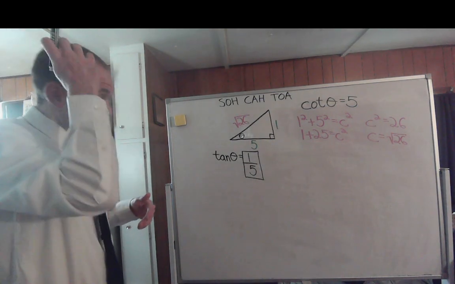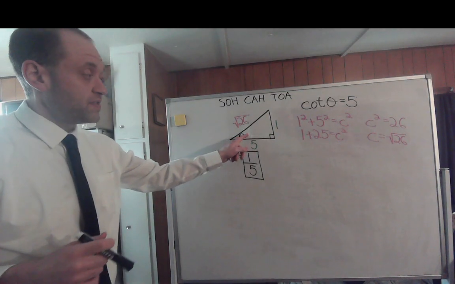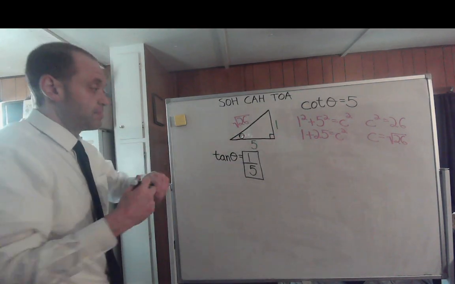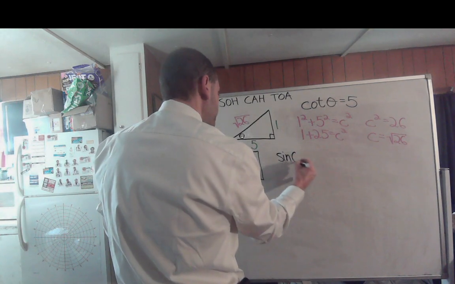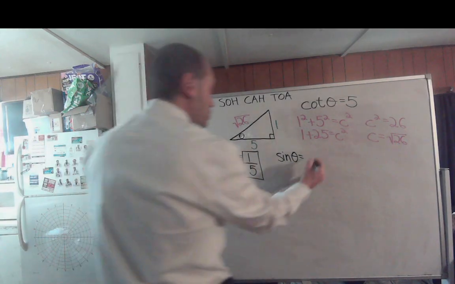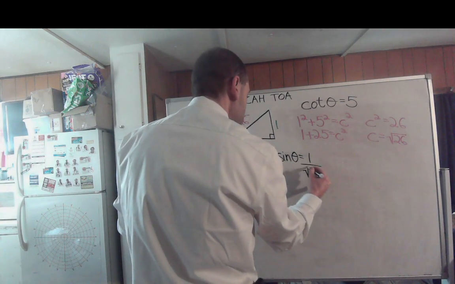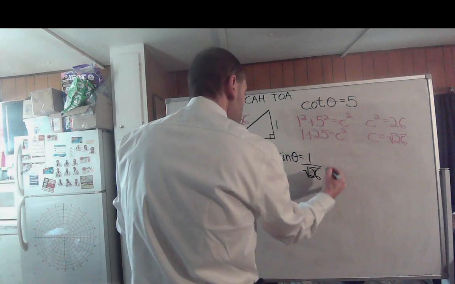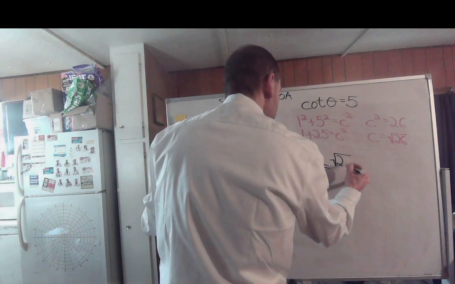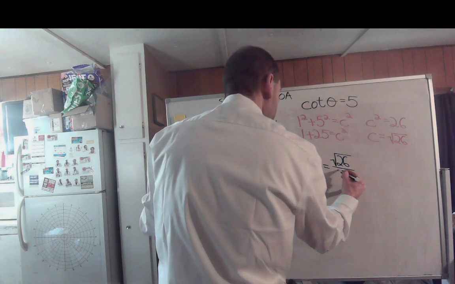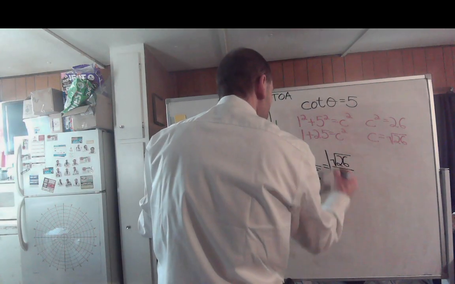So let's take the sine. The sine of theta is the opposite leg over the hypotenuse. So that of course would equal 1 over the square root of 26, which is going to rationalize into the square root of 26 all over 26. That would be your sine.